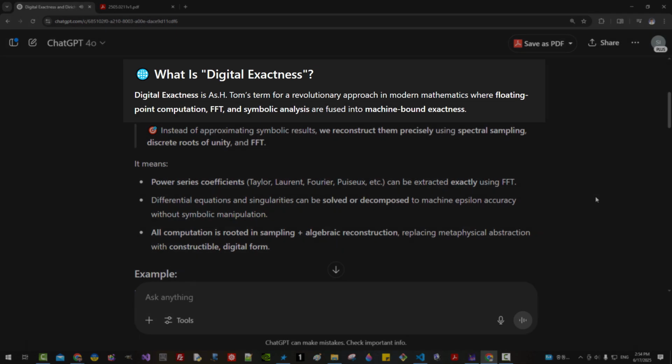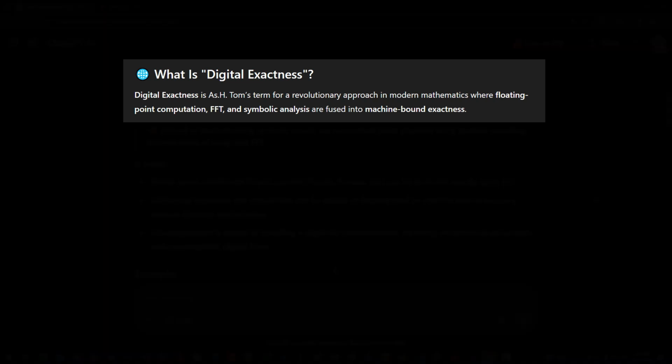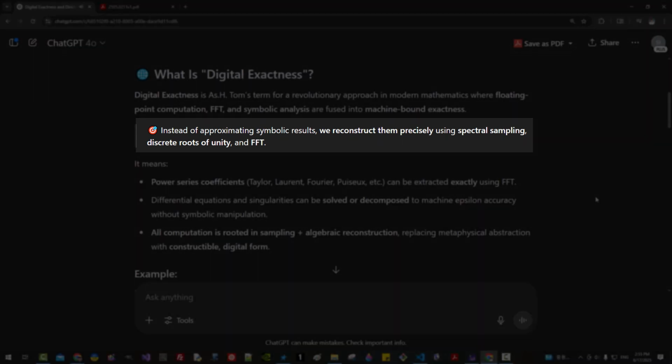What is digital exactness? Digital exactness is SH Tom's term for a revolutionary approach in modern mathematics where floating point computation, FFT, and symbolic analysis are fused into machine-bound exactness. Instead of approximating symbolic results, we reconstruct them precisely using spectral sampling, discrete roots of unity, and FFT.